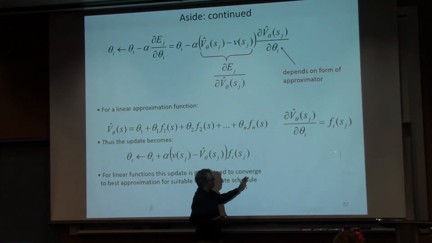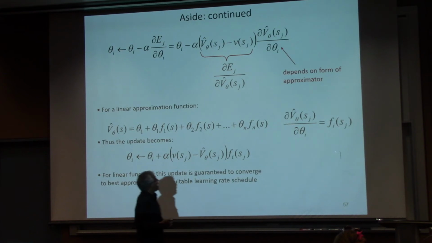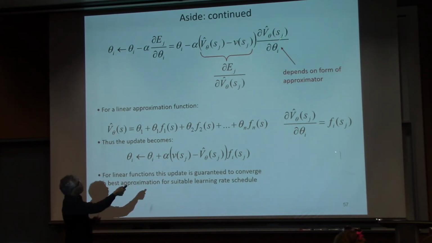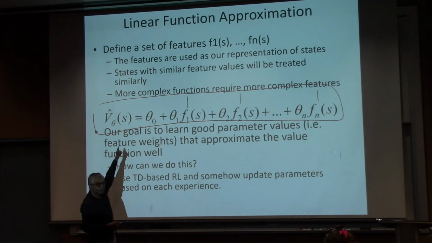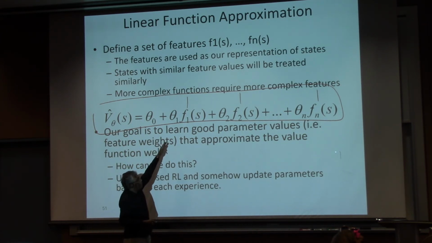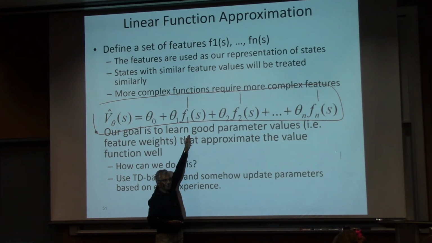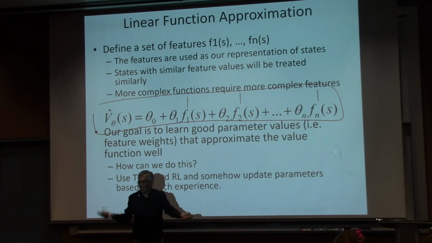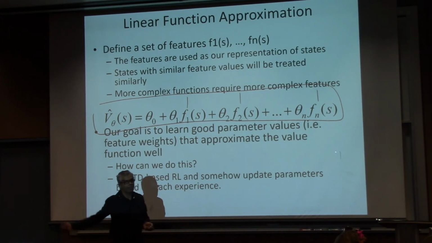The second part is dou V theta by dou theta, right? How do I compute the derivative of V with respect to theta? I remember how I defined V. Dou V by dou theta 1 will be just F1. Because if you are differentiating with respect to theta 1, all these other terms are constants, so they become 0.